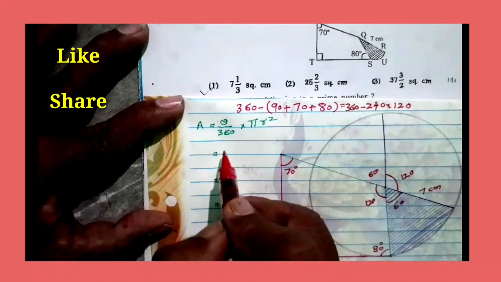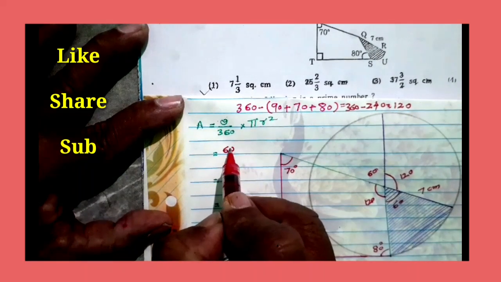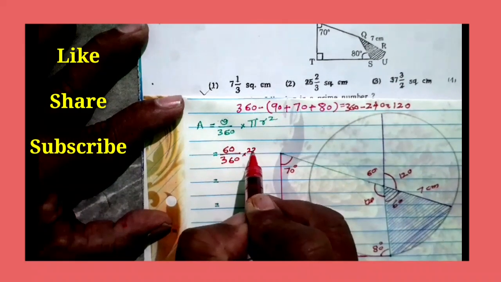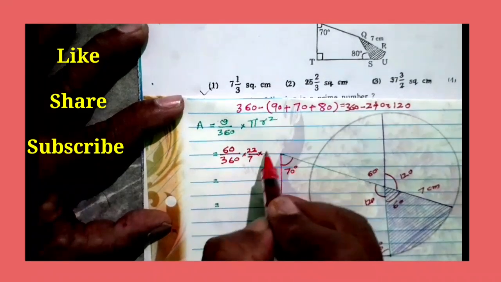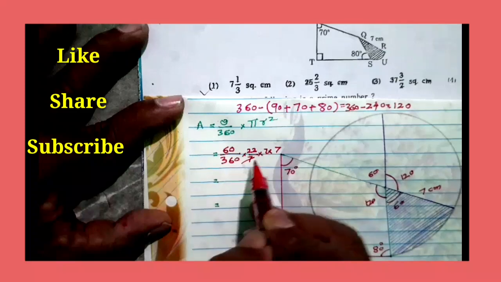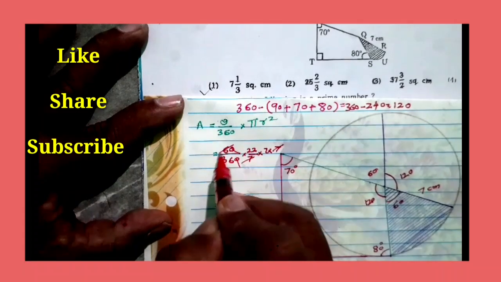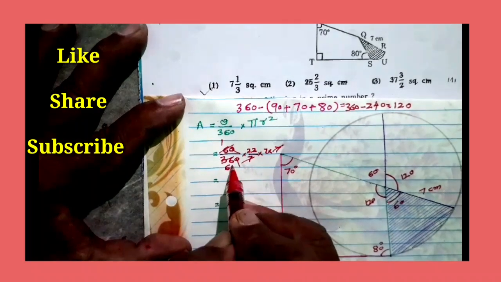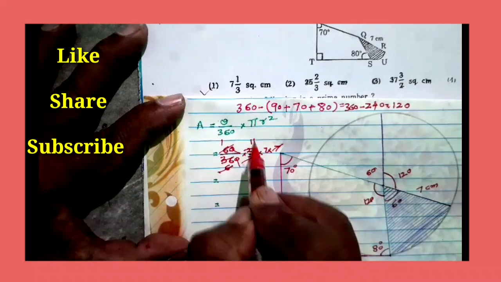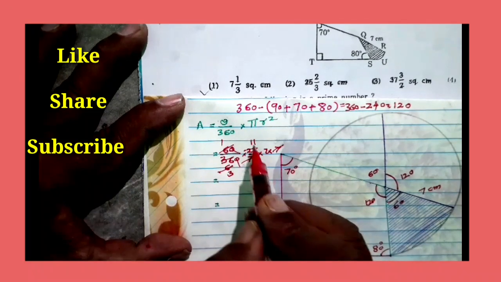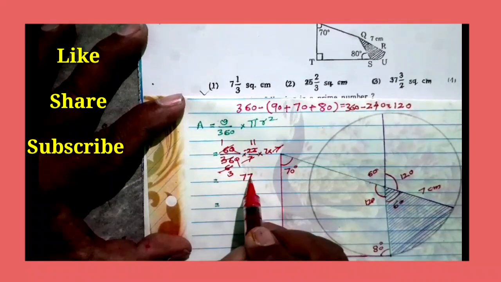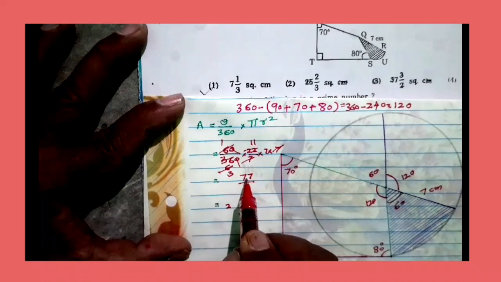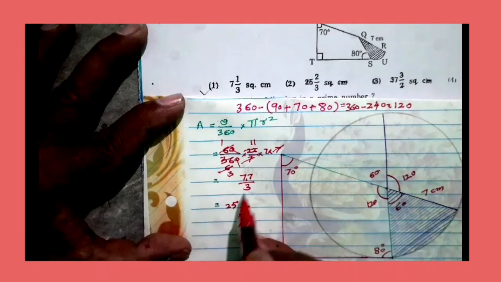So area of sector: theta is 60 degree, pi is equal to 22 by 7, R is given 7. 7 multiplied by 7, divide by 7, this is cancelled. 6 times 6 is 36, and also divided by 2. 11 times 7 is 77 upon 3. 3 times 2 is 6. 3 times 5 is 15.